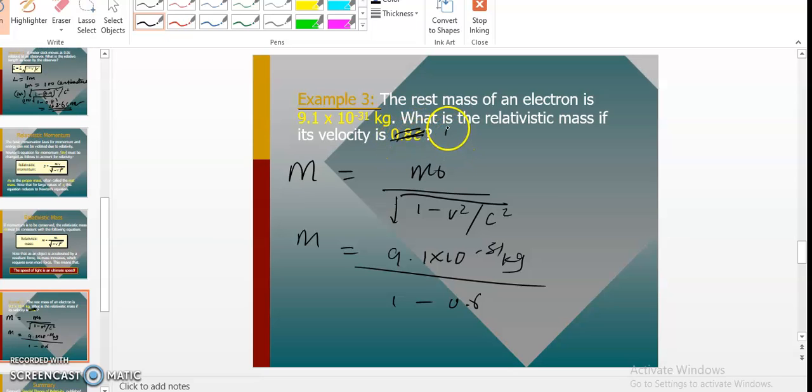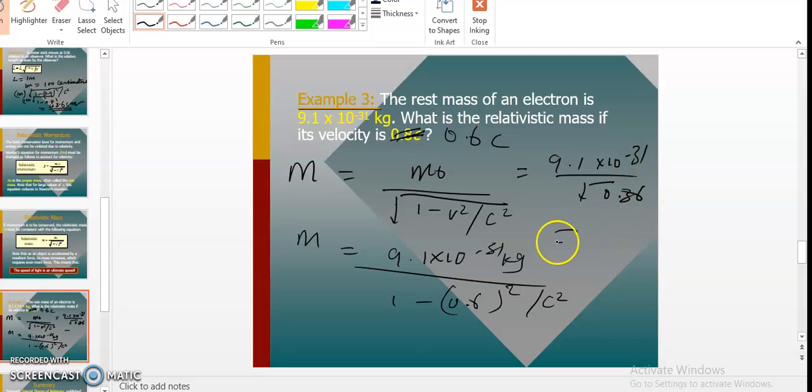This supposed to be 0.6, not 0.8. So this will give us 9.1 times 10 to the negative 31 divided by the root of 0.36.